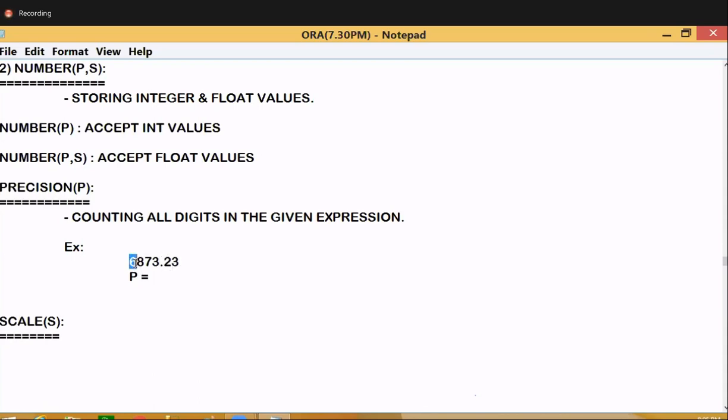Counting 1, 2, 3, 4, 5, 6. So in this expression, the left side has 4 digits and the right side has 2 digits, and the total number of digits is 6. So 4 plus 2, the total digits are 6. The total digits is called the precision.